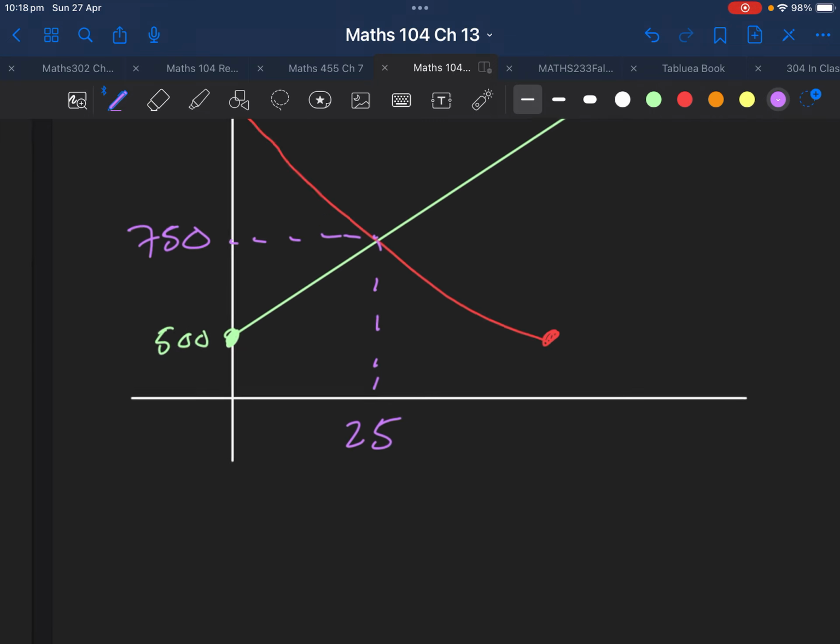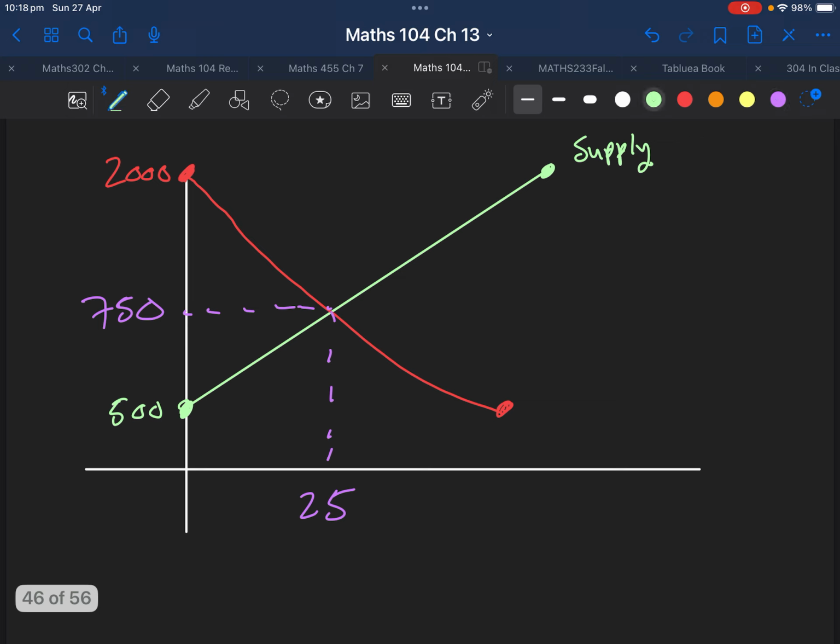Now, what I want you to focus on with me here a little bit: what happens when we have 10 units? How much is the price for 10 units and how much is the demand for 10 units? That's what we will do next. If we just do the calculation, negative 50 times 10 plus 2000, it will be 1500. And for the supply, it would be 10 times 10 plus 500, it would be 600.